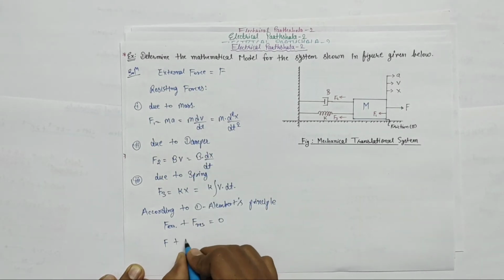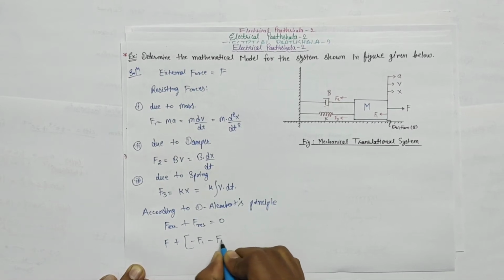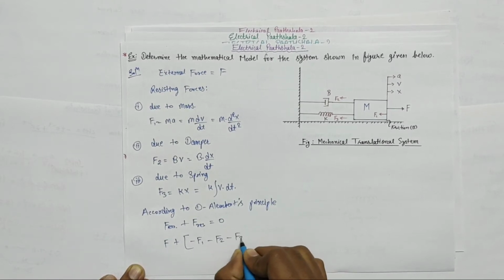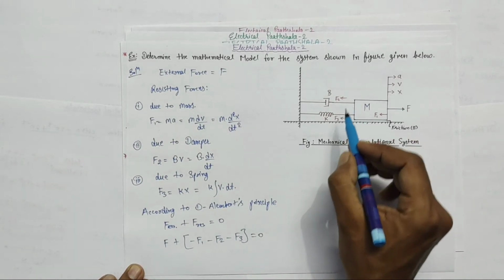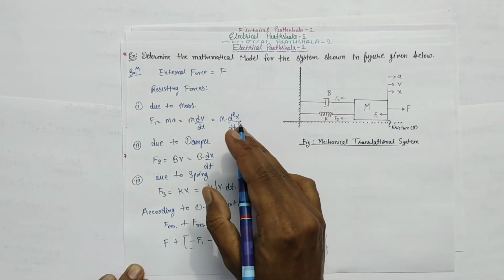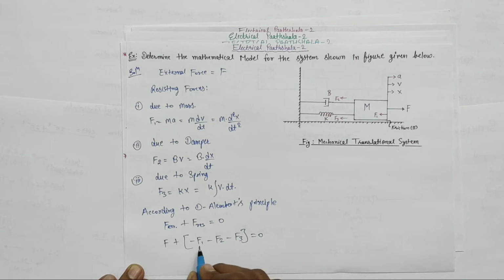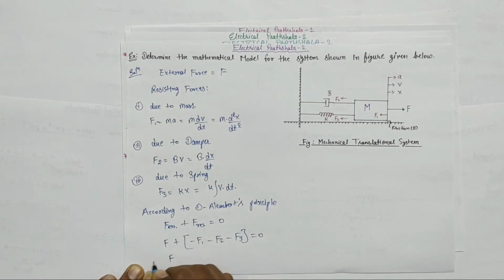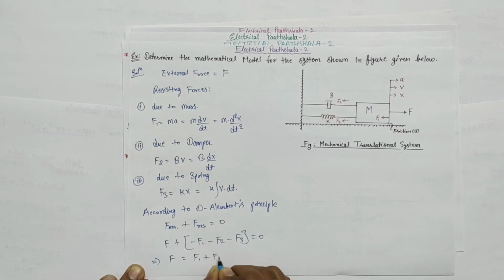Therefore we can write it here as F minus F1 minus F2 minus F3 is equal to 0. Why did we take negative signs here? Because all three resisting forces are acting in the opposite direction of the externally applied force. That's why negative signs are taken here. So we can write it as F is equal to F1 plus F2 plus F3.